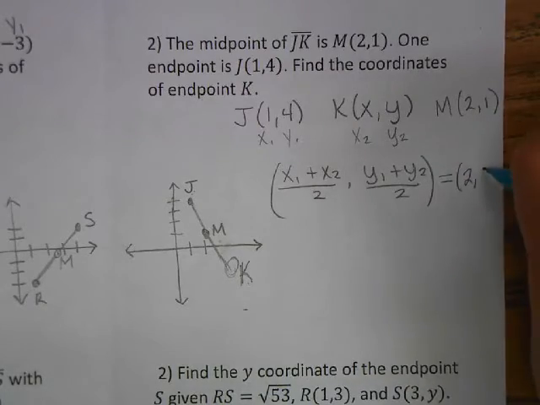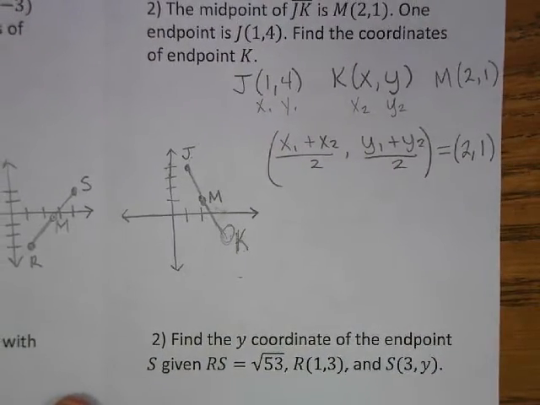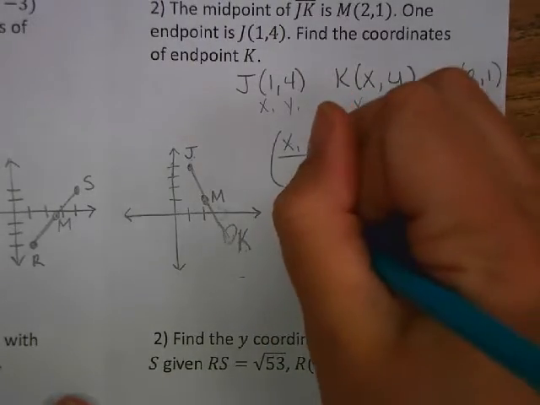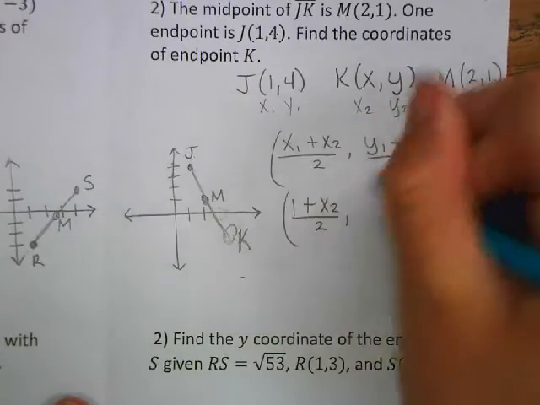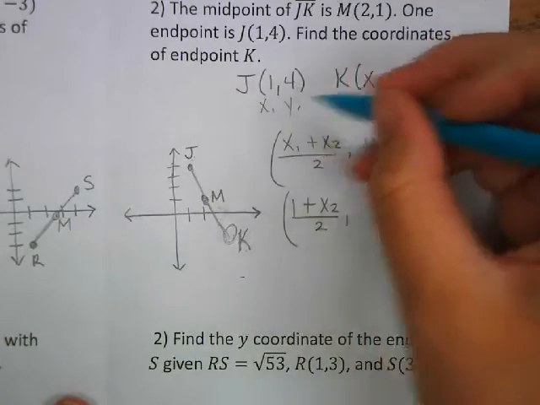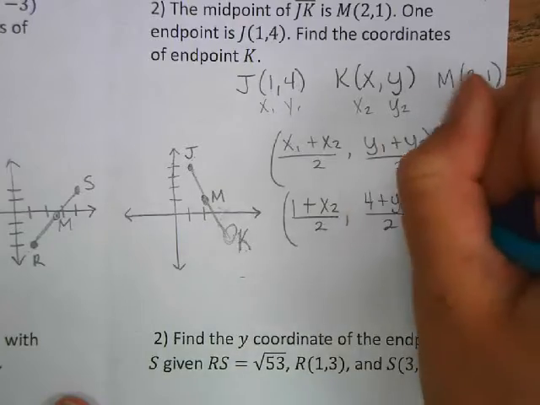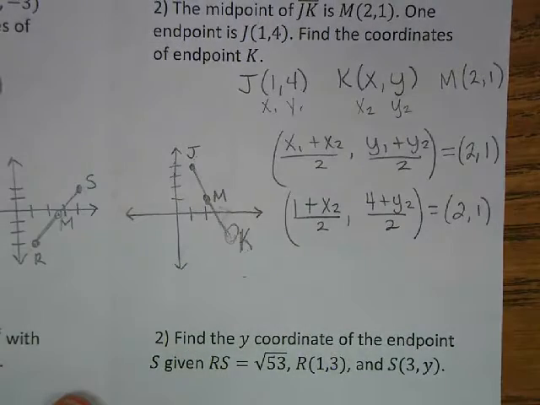I already know that. They gave me the midpoint this time. I'm not solving for the midpoint, I'm solving for an endpoint. So I know that x1 is 1, and I know that y1 is 4. So I can go ahead and plug in those values.